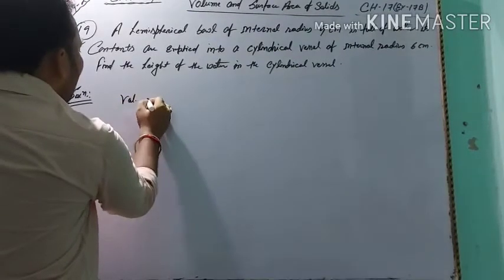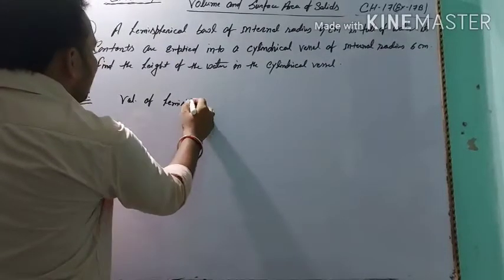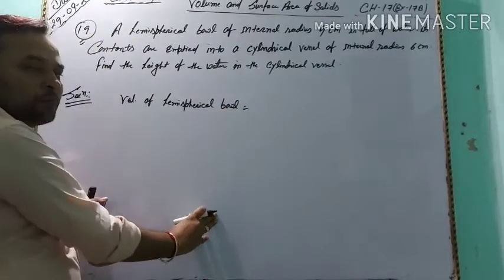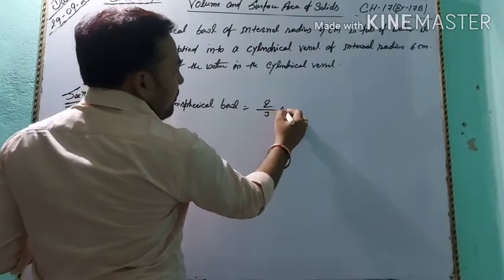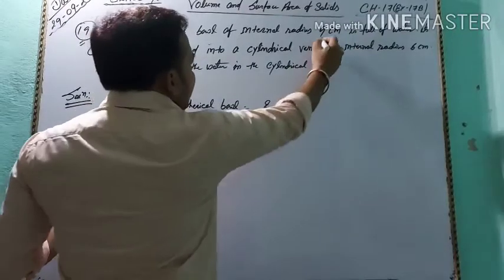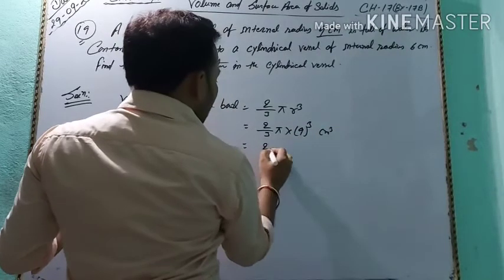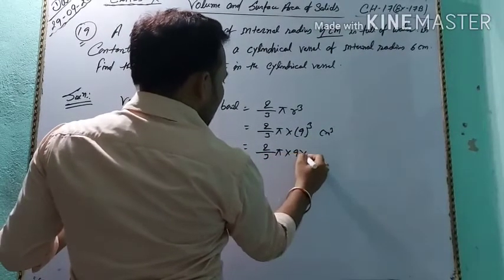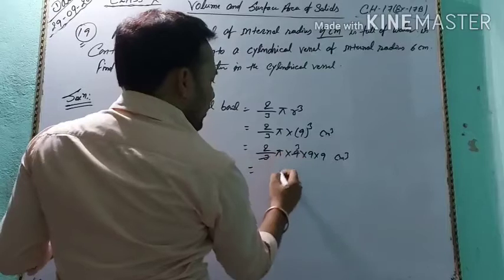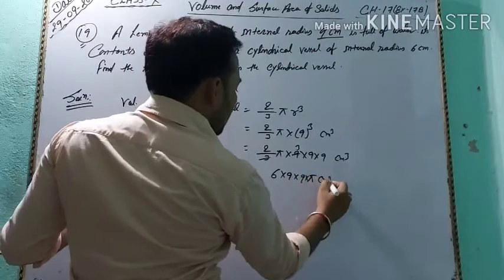So the volume of the hemispherical bowl is equal to 2/3 pi r cube, that is 2/3 pi and the radius is 9 centimeter, 9 cube cubic centimeter, that is 2/3 pi, 9 multiply 9 cubic centimeter. 3 3s are 9, 3 2s are 6, multiply 9 pi cubic centimeter.